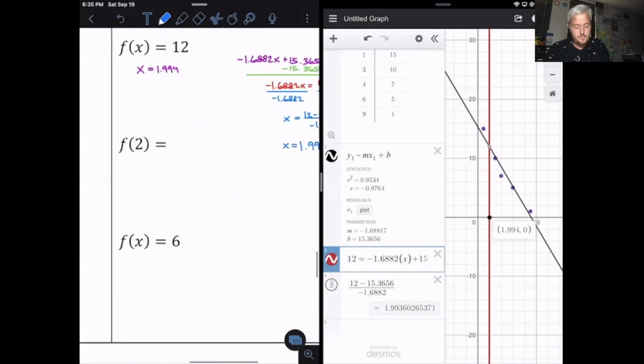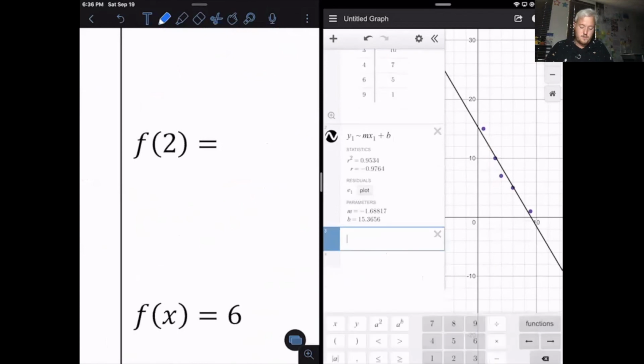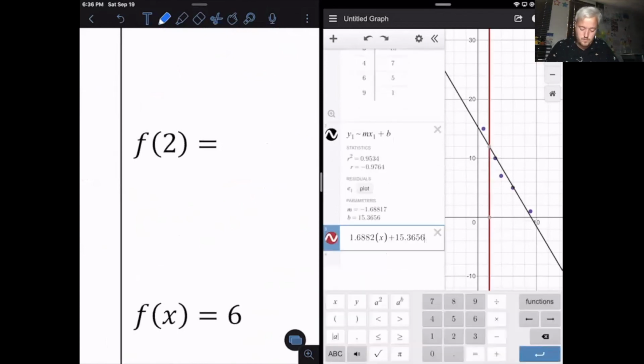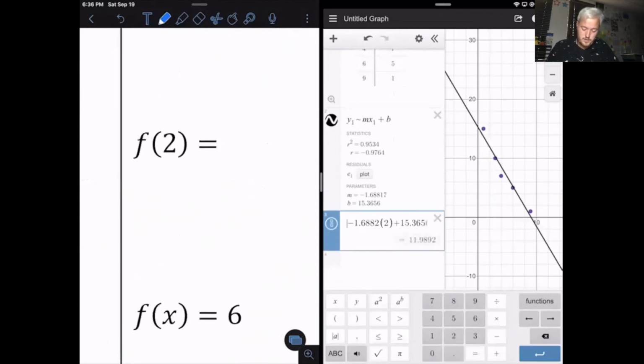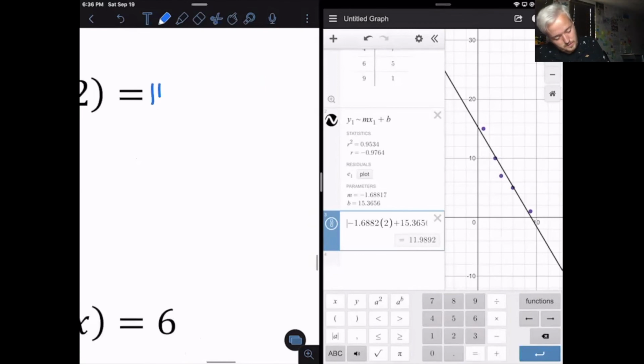All right, so now I want to plug in 2. I should not have done that. Undo. I love the undo button. It's one of the best inventions in the world. So I'm plugging in 2. Let's go over here, get rid of the equal sign. We have 11.9892. So that's a plug-in, 11.9892.